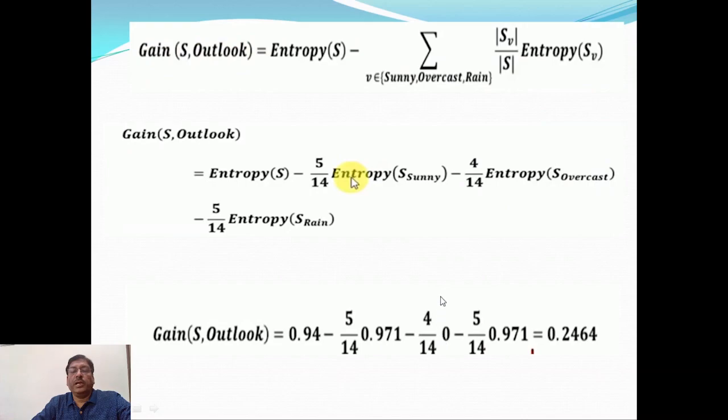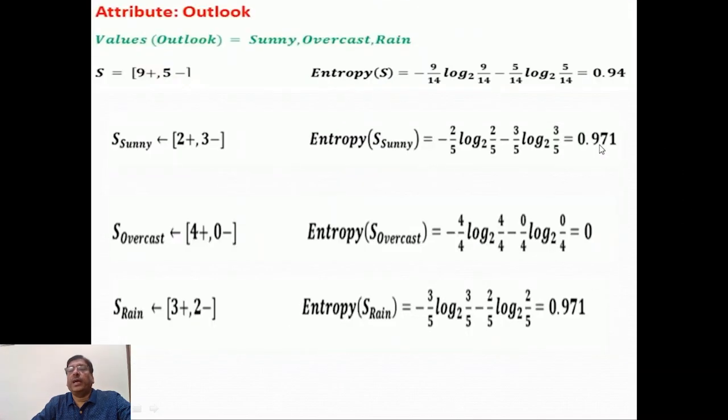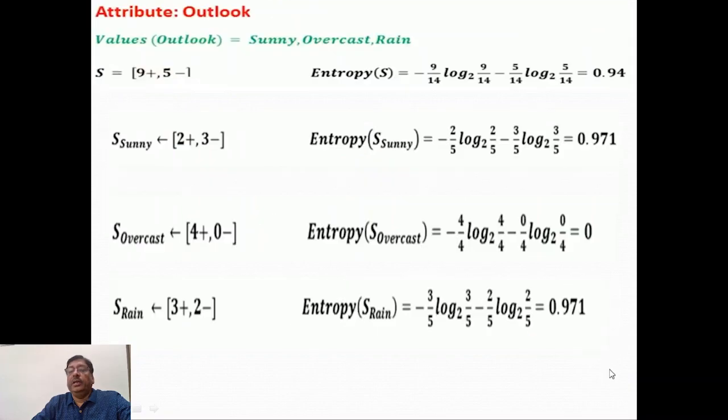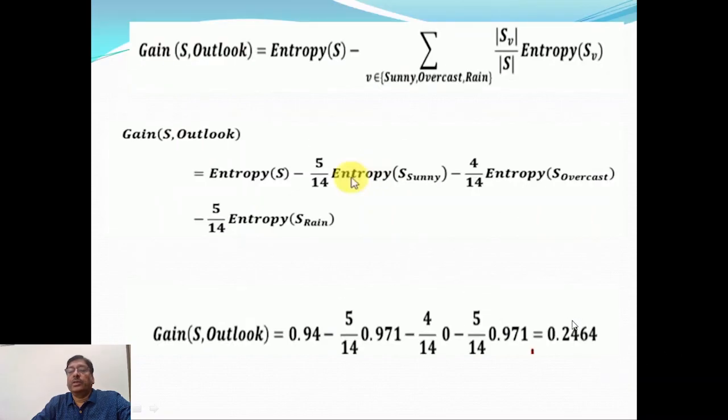So you replace that, minus 4 by 14 into entropy of overcast, which is 0, and then minus 5 by 14 entropy of rain. Entropy of rain is 0.971. So when you calculate this, you are going to get the gain equals 0.2464. So this is the information gain for an attribute called outlook.